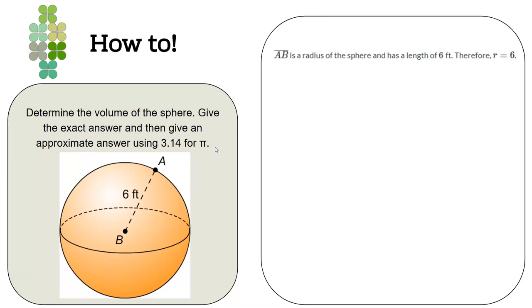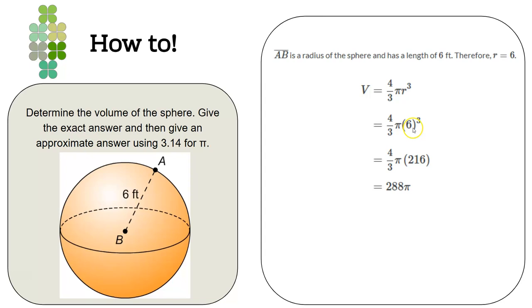AB is a radius of the sphere and has a length of 6 foot. Therefore, the radius is 6. When we plug that into our volume formula, we see 4/3 times pi times radius cubed.